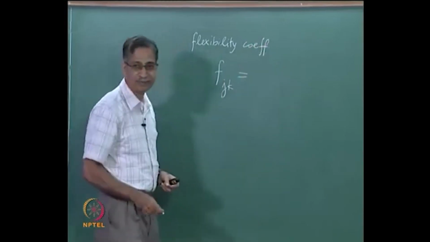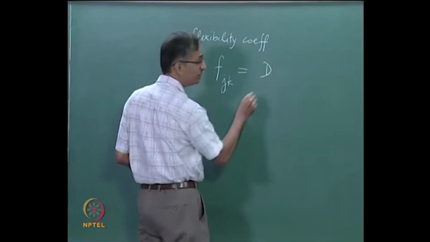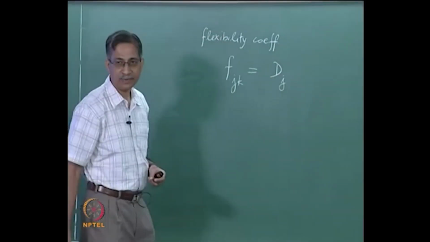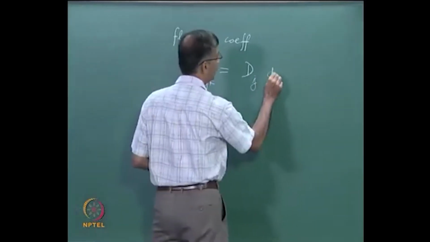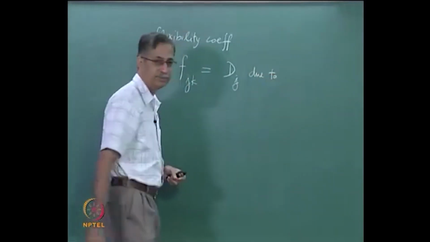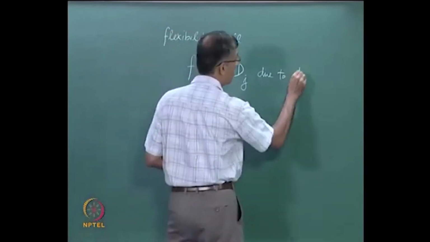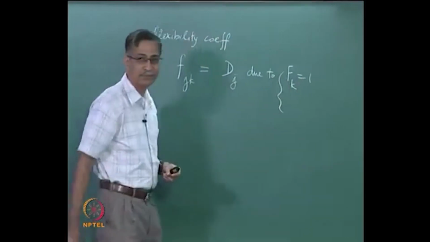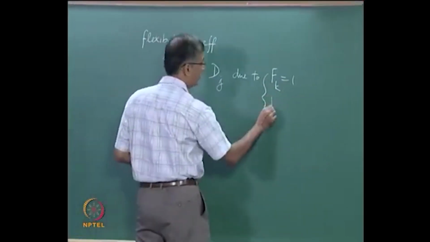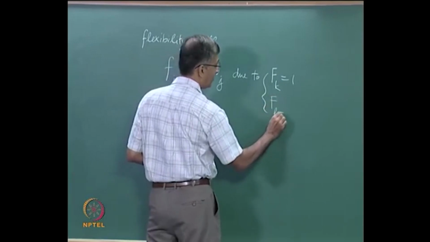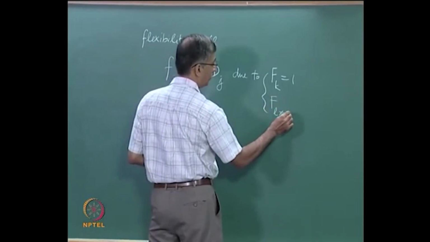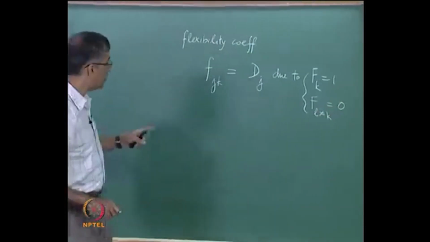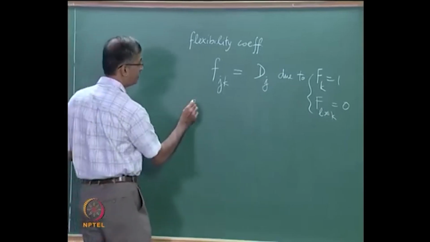It is a displacement. So this is the displacement at the joint coordinate j due to the application of a unit load at the location k, and at all other coordinates, let us say L not equal to k, there should be no load. So there should be only one load at a time, and while we are at it, we will also define the stiffness coefficient.